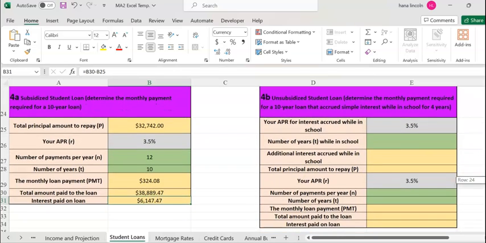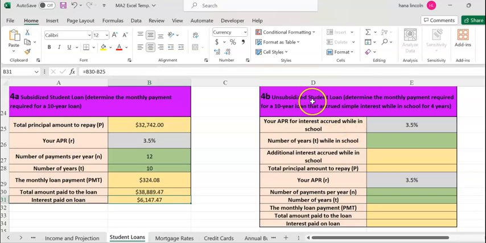In the case of the unsubsidized student loan, the number of years, of course, you're going to pay 10 years after graduation, and you're going to pay every month. However, here on cell E27, you're going to compute the interest that is supposed to be paid while you are in school. To find the interest while you are in school, you're going to use the simple interest formula.